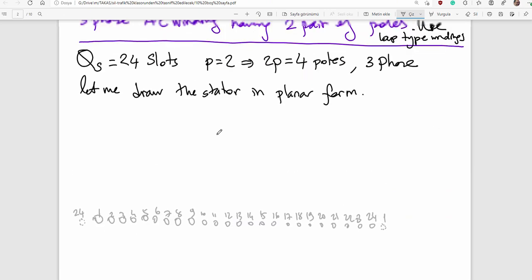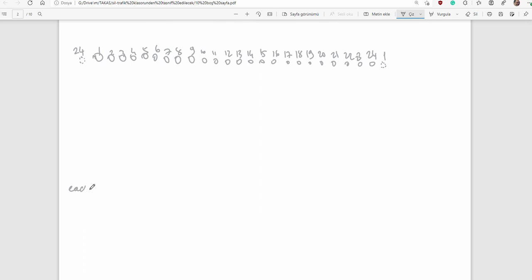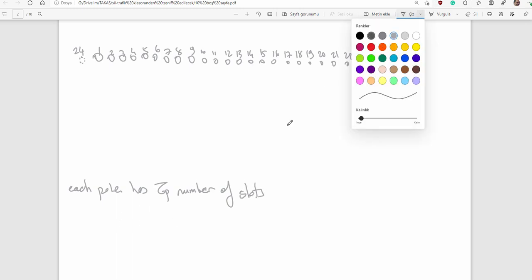In this representation, there must be 4 poles. Each pole has tau p number of slots. Let me show you.